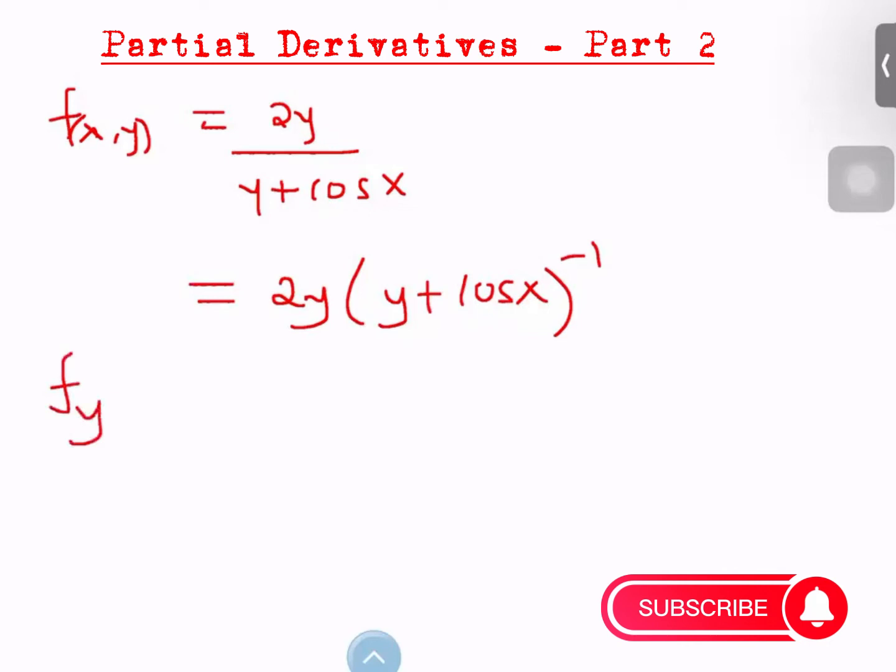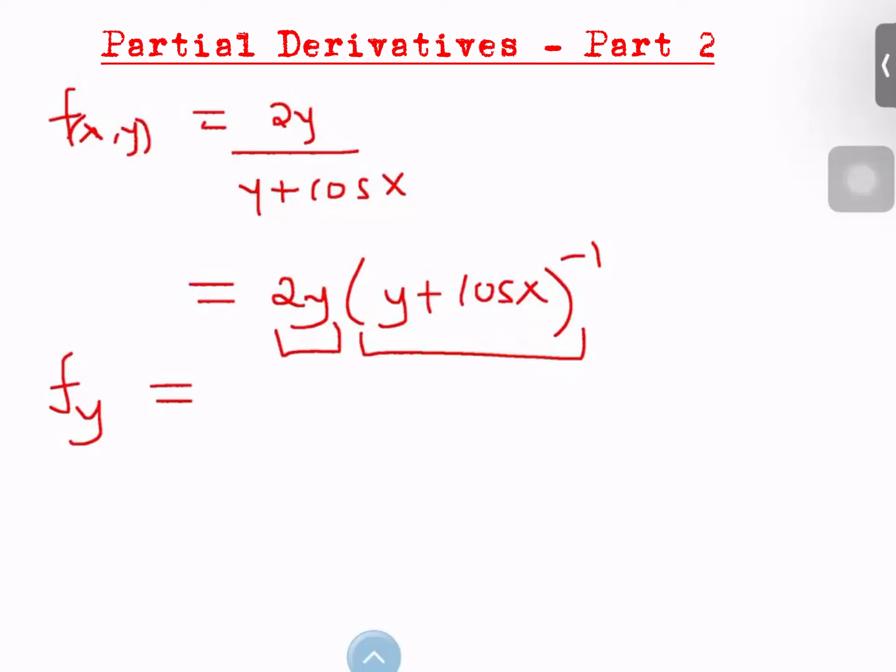But remember, for the second term, when we are doing the derivatives, we'll have to follow two steps. The first is the normal step that we do for derivatives, and then the second step, we have to differentiate what is inside, term by term, which is y plus cos x. So let's start.